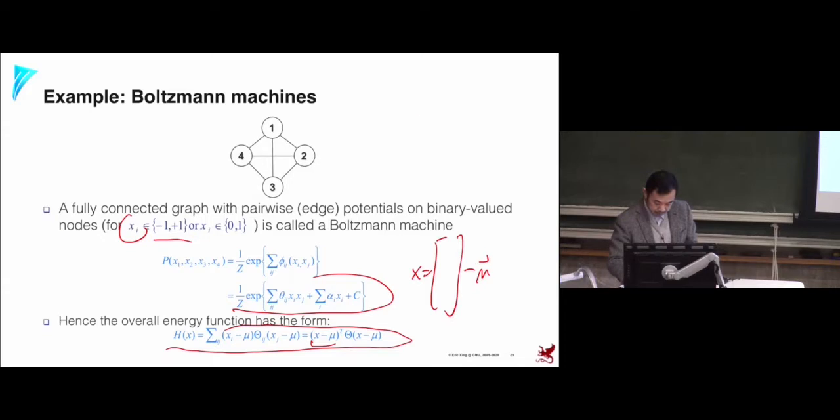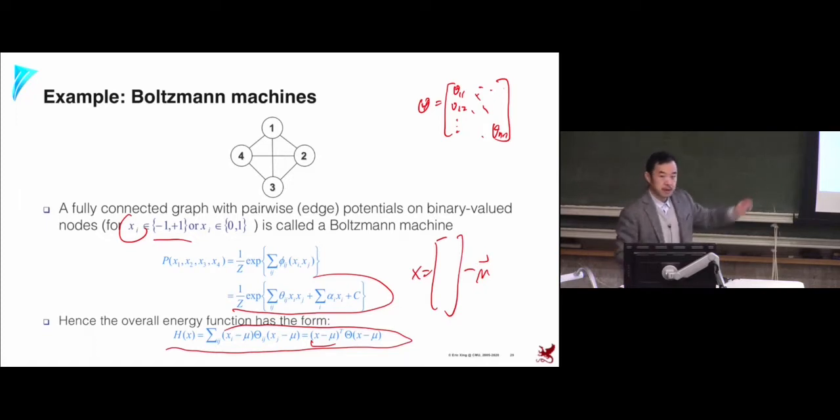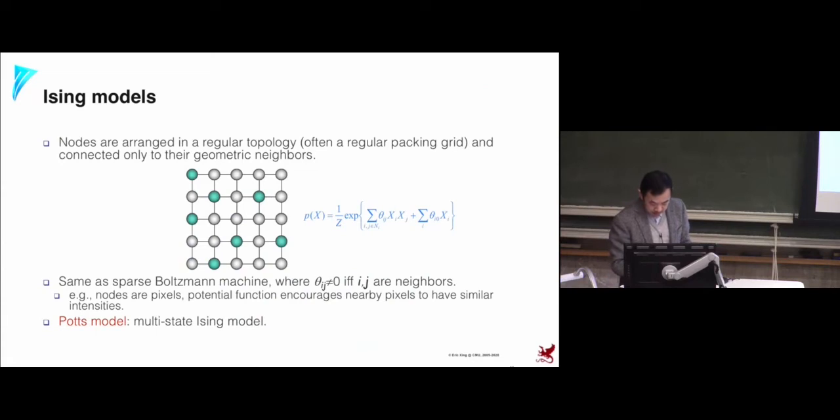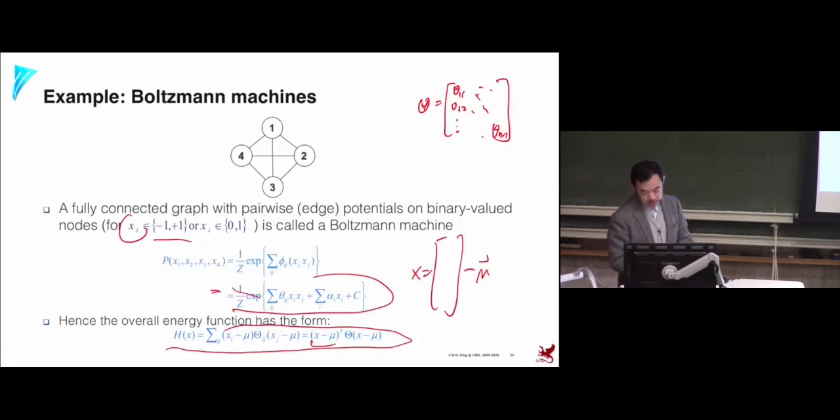Okay, so you have literally this matrix. Okay, and when you do the algebra, you will see that the bottom line is equivalent to this expression. Okay, so this is the Boltzmann distribution, and why is it interesting?